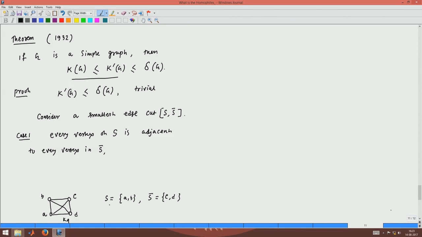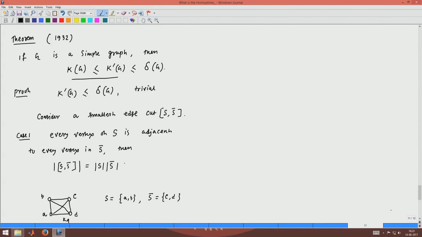So, this will happen if the graph is a complete graph, and in this case the cardinality of the cut, that is the number of edges in this cut, is equal to the cardinality of S times the cardinality of S complement, because every vertex in S is adjacent to every vertex in S complement.